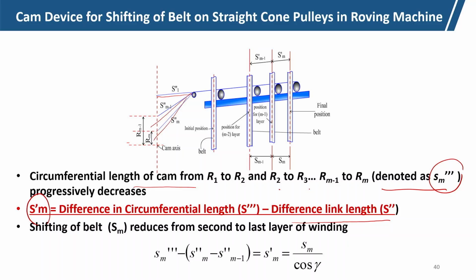The shifting of belt Sm reduces from the second to the last winding layer. So, this is the circumferential length, and here S double dash m minus S double dash m minus 1, that is for the mth layer how much difference there will be, and that is the actual release.